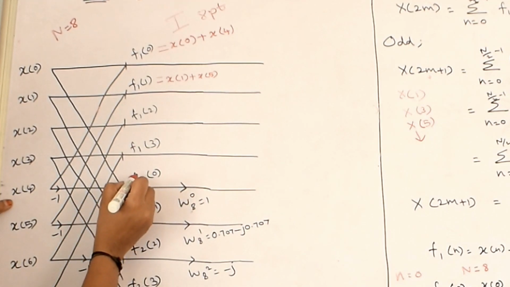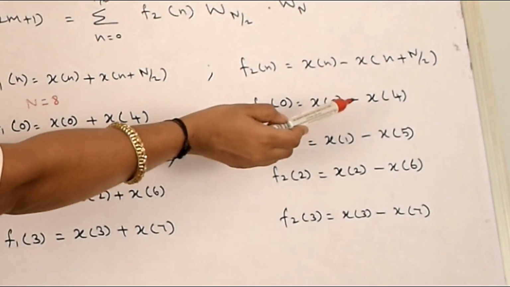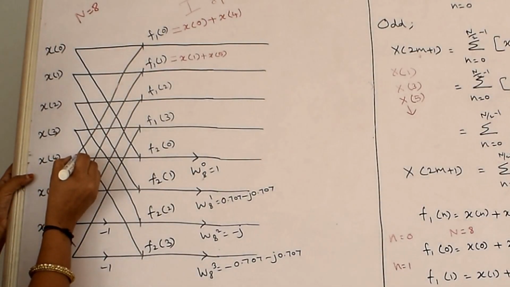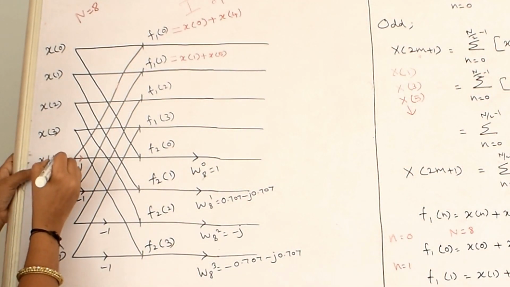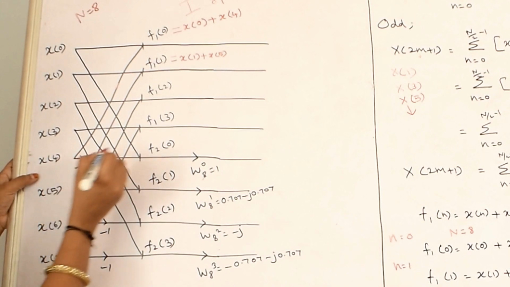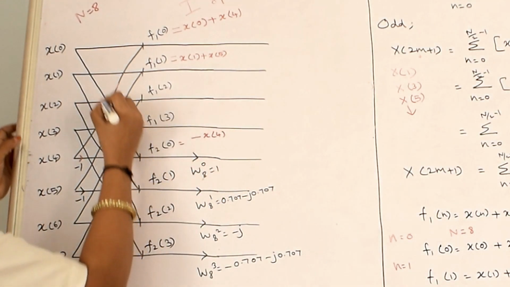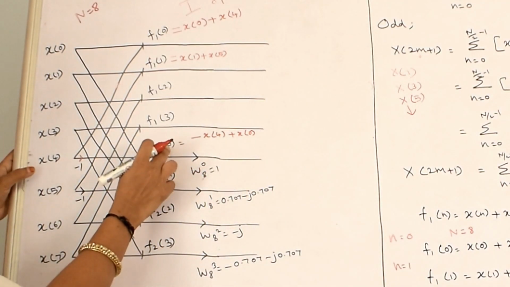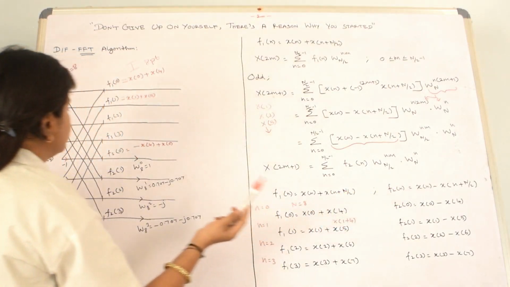Next, coming to f2 of 0, what is f2 of 0? x of 0 minus x of 4. So I am introducing a minus 1 factor here. If I multiply x of 4 with minus 1, I will get minus x of 4. The second input comes from here, plus x of 0. So f2 of 0 is equal to x of 0 minus x of 4.